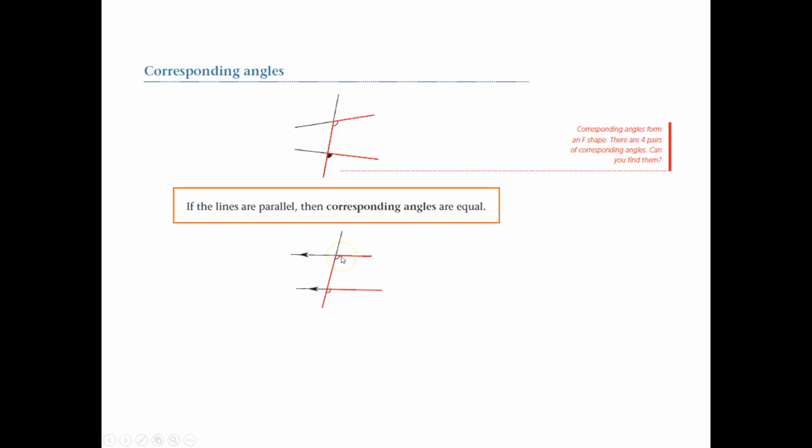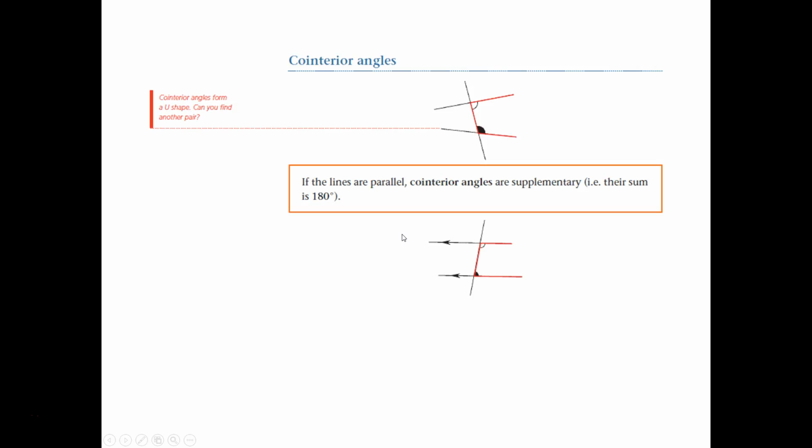So the red ones that I've marked are the first pair, and then if we go across to here, that angle there are corresponding angles. Then going on the other side of the parallel line there, that angle is equal to that angle there. And then the last one is that angle and that angle there. So there are four pairs of corresponding angles and they are equal.